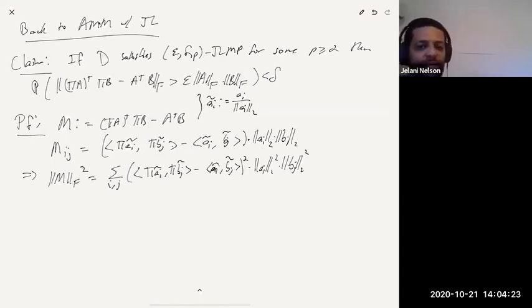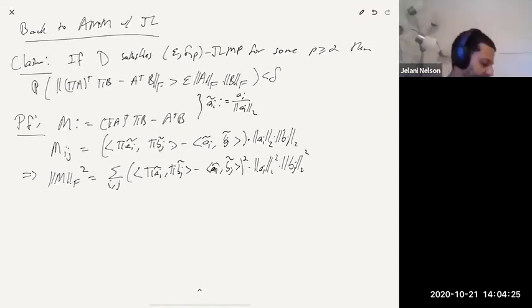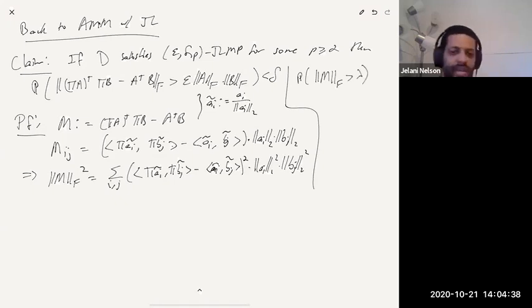Where I'm going is the second moment method, right? Look, I'm trying to bound the probability that the Frobenius norm is large. The probability that the Frobenius norm is large is the same if I square both sides. And then I can apply Markov. Actually, let me raise both sides, in fact, to the pth power.